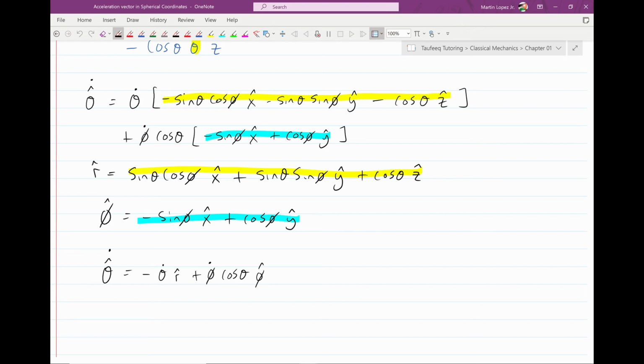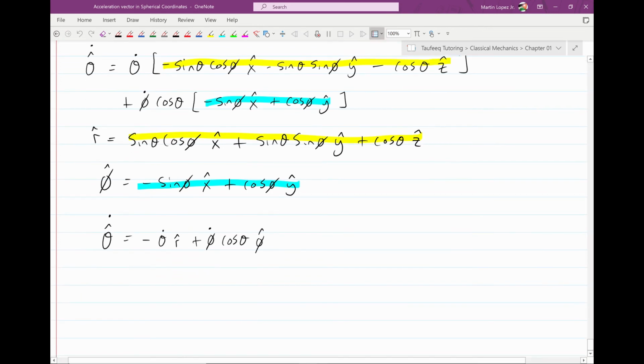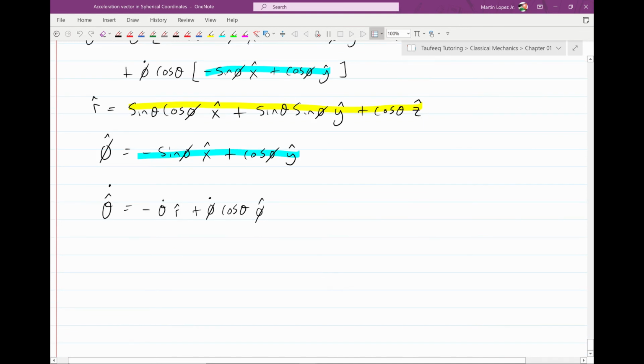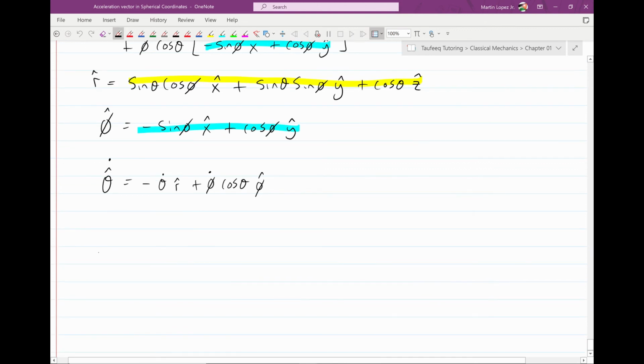So we got one of them. One down, one to go. We just need phi. And the reason we want it, that's why we derived all the unit vectors in the beginning, is because this will simplify. We do not want all those terms to plug into that huge expression.